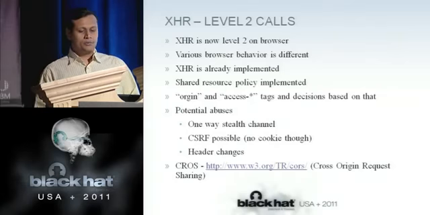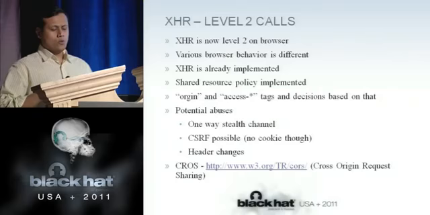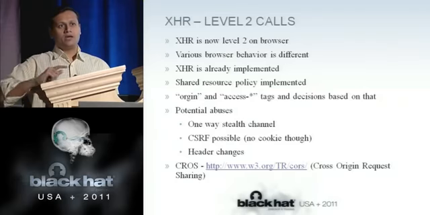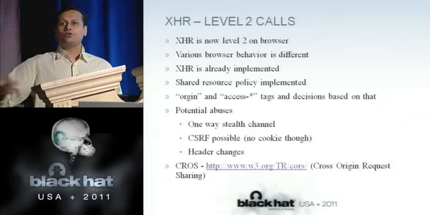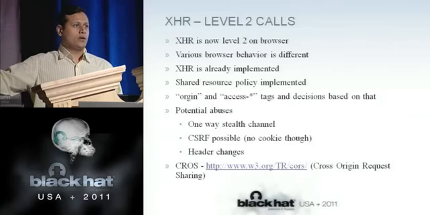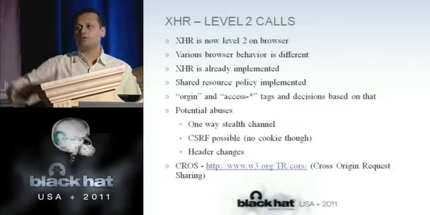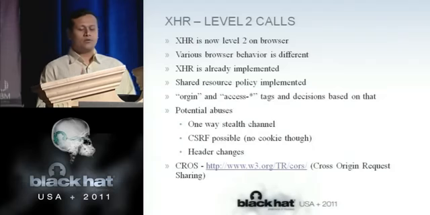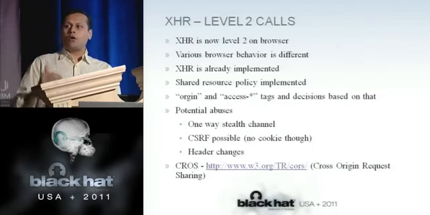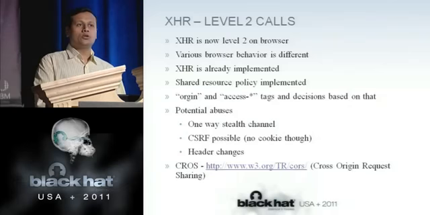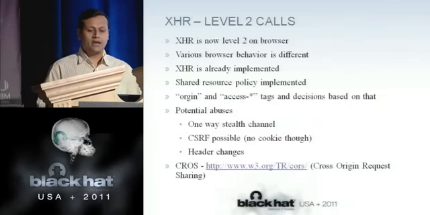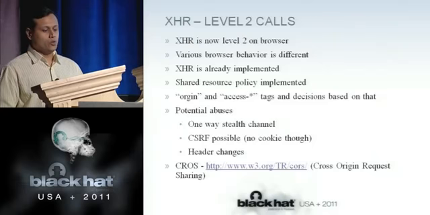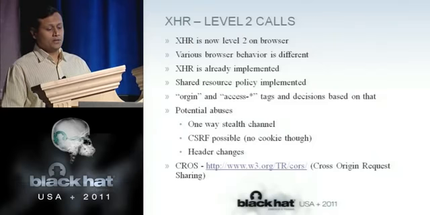But one of the potential abuses over here is that it allows you to do a one-way channel, because that particular call is going to go on the wire to a cross domain, and then the domain will decide whether to send the content back to the browser or not. And some browsers will actually take the content but will not load it into the DOM. So that's how the whole mechanism of XHR level 2 has been implemented.